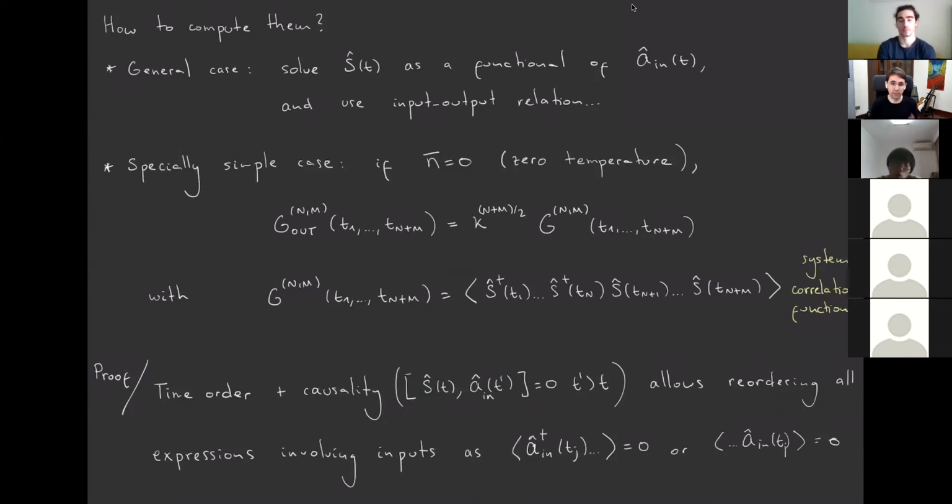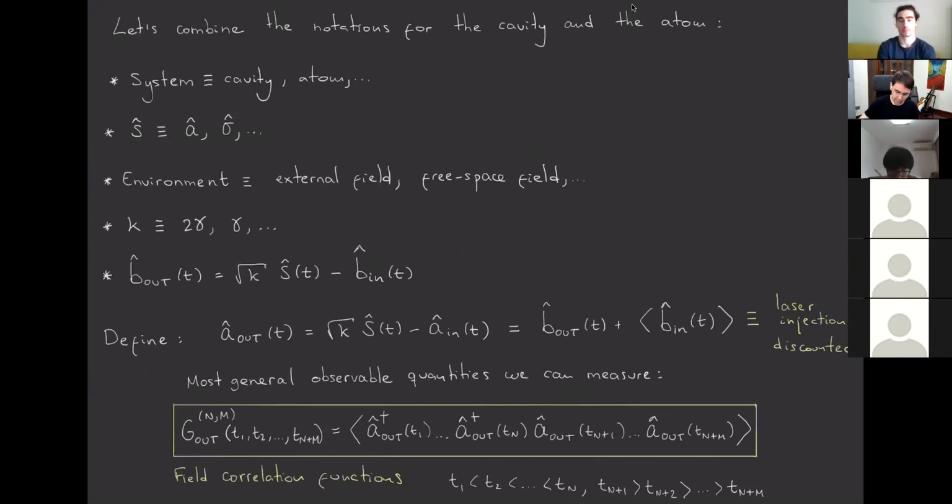Okay, this is completely trivial. And now the point is that if you are at 0 temperature, then you have the annihilation operator acting on vacuum, the vacuum of the external field, which is 0, or in here you have the same, but in the dagger direction, let's say, in the left direction. So then the only contribution that remains is the one in which you don't have any input operator. Any expression in which you have at least one input operator will give a 0 contribution at 0 temperature.